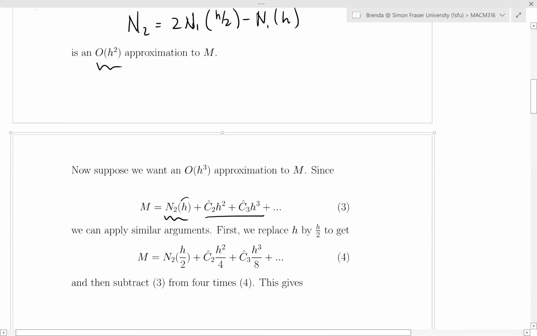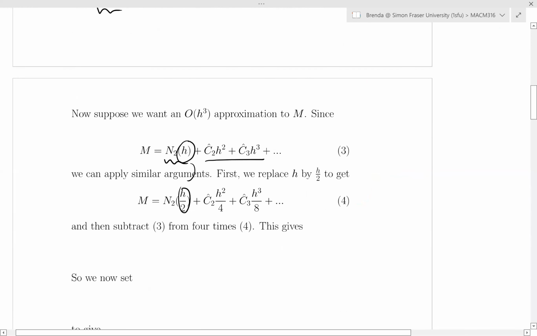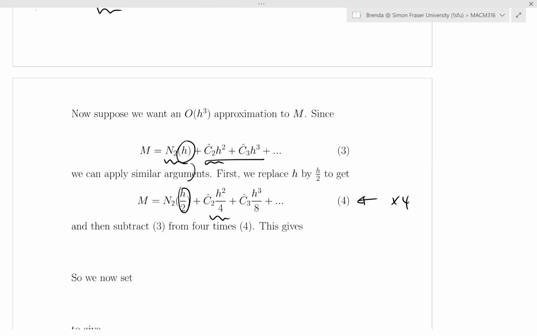We replace this H by H over 2, and then we subtract one from the other in order to get cancellation on this guy. In order to do that, you take this one, you multiply it by 4, and then you subtract this one.